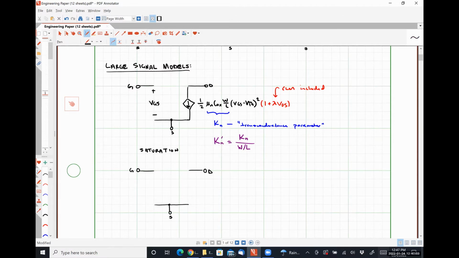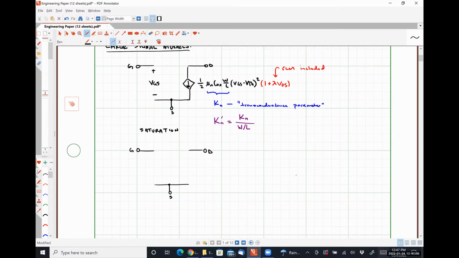So what do you think should be between the gate and source in the triode region? Does the gate act any less like a capacitor when there's less current flowing through the device? No. So we're still going to have some voltage VGS.